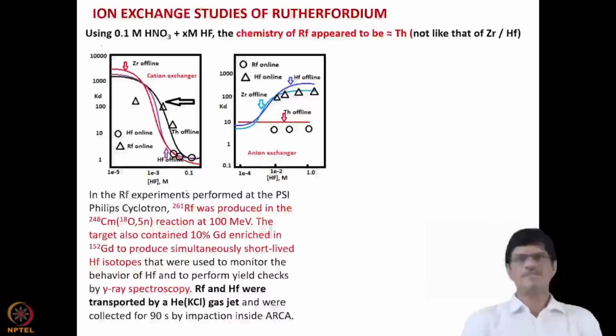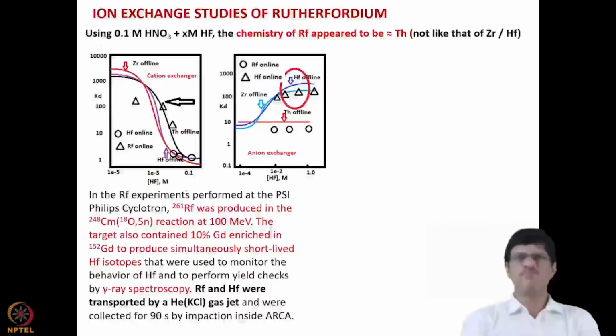What is interesting in this case is that the hafnium offline as well as the hafnium online data suggest an increase with increasing HF concentration, which also matches the zirconium offline data shown here. The thorium data is showing no change at all.